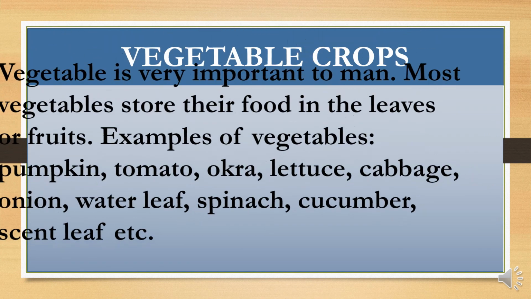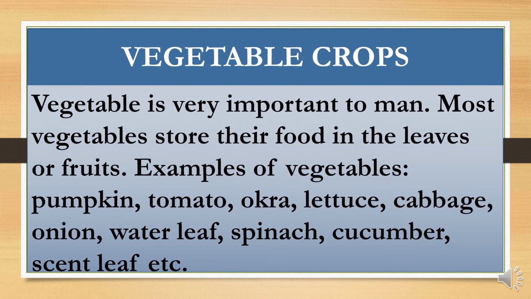Now, as we know, we eat more of plants, which includes vegetables. So vegetables are very important to man. Now, what are vegetable crops? Vegetables are crops that store their food in leaves.